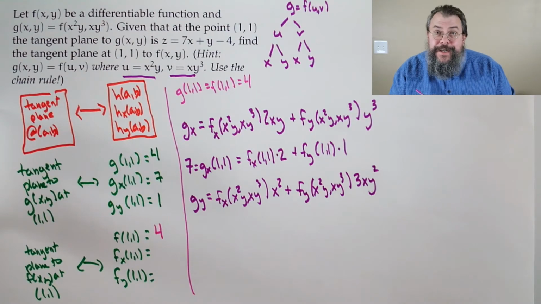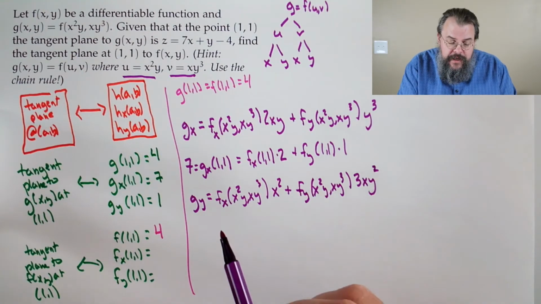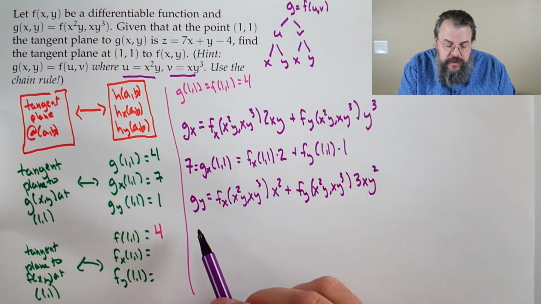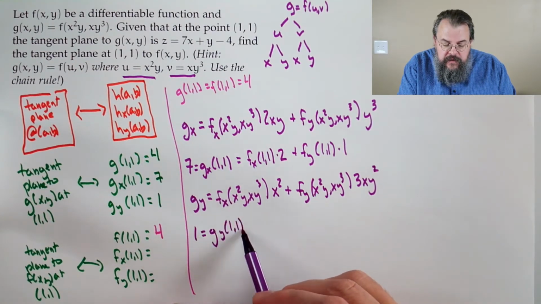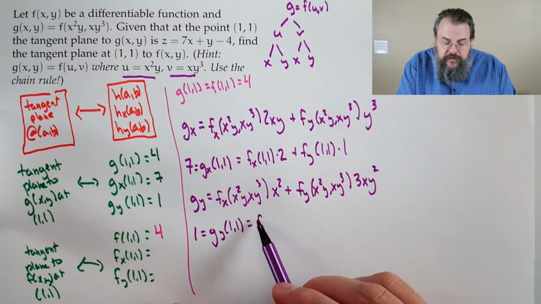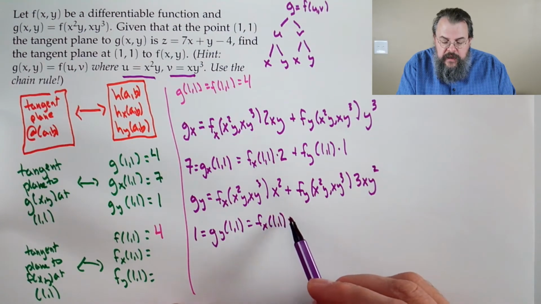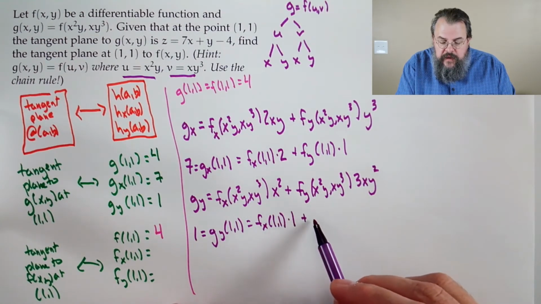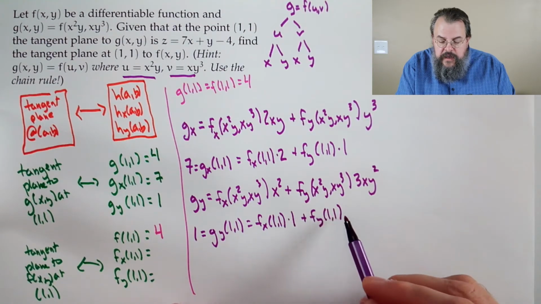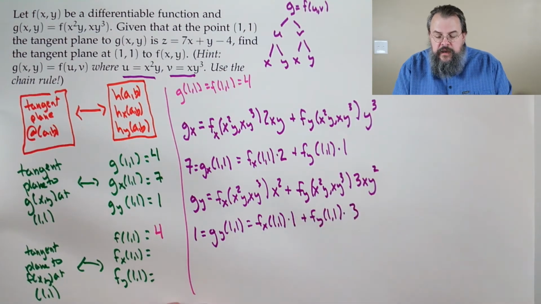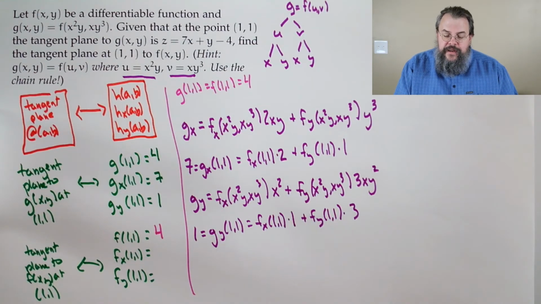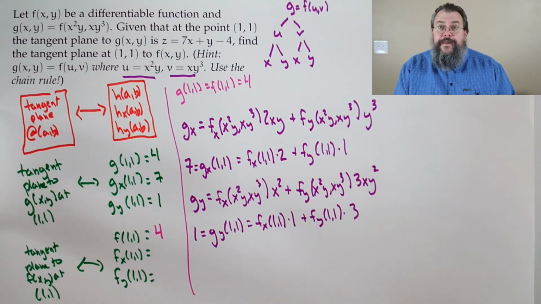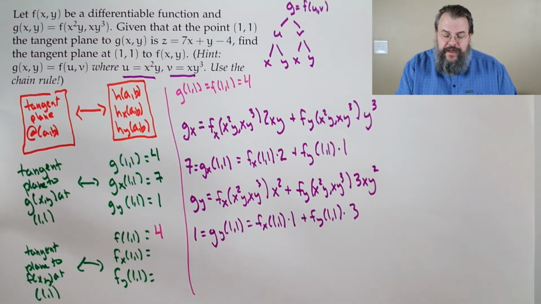Plug in (1,1), so we plug in what we know, and we say, okay, g sub y at (1,1) is 1. So that tells us f sub x at (1,1) times 1 plus f sub y at (1,1) times 3. Good. Perfect. This is the kind of thing that we love, because we have two equations now.